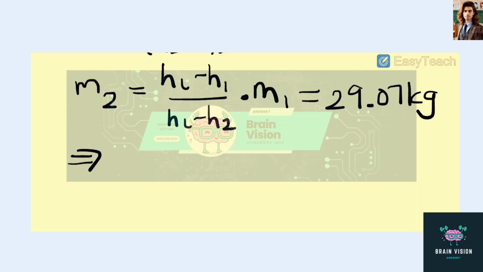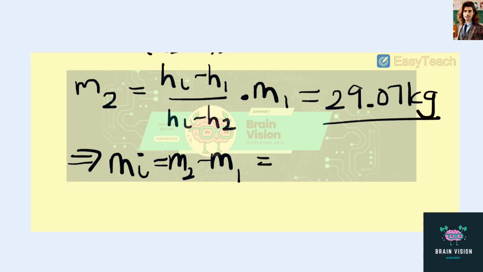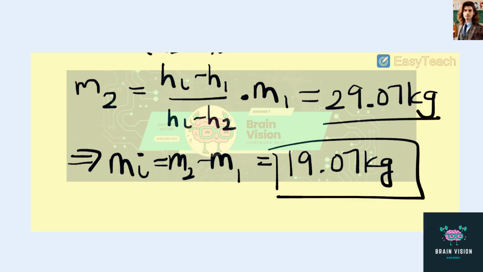Therefore, we know the relation between m2, m1, and the mass that's coming in: mi is equal to m2 minus m1. We know m2, and we know that m1 is 10 kilograms, so plugging those values in, mi is equal to 19.07 kilograms, and that is our final answer.